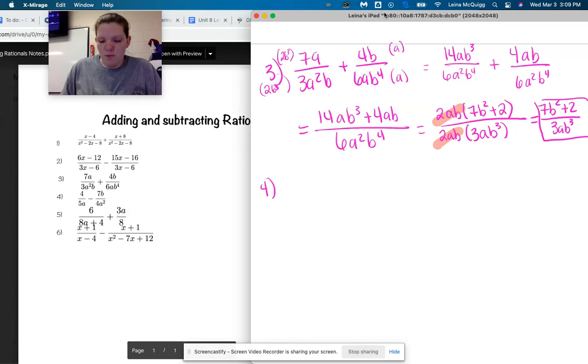Okay, number 4, we have 4 over 5a minus 7b over 4a squared. So I need to get a common denominator. I think I'm going to multiply this second term by 5, and I'm going to multiply the first term by 4a.